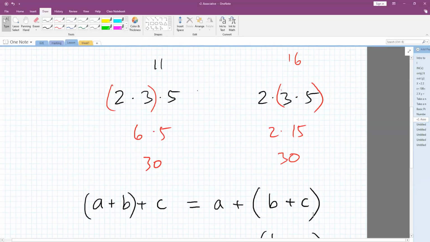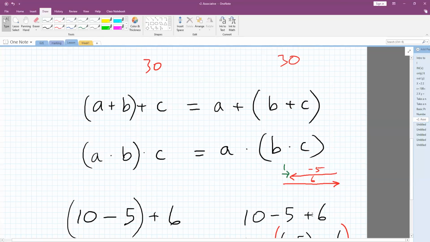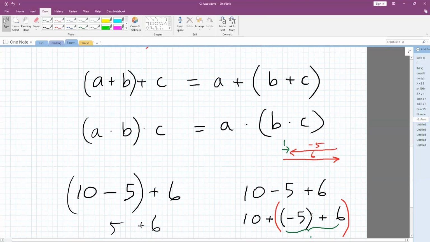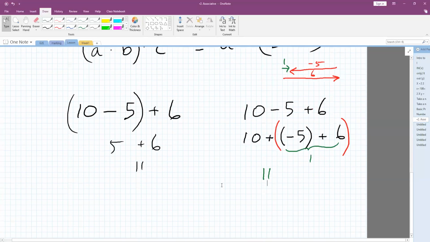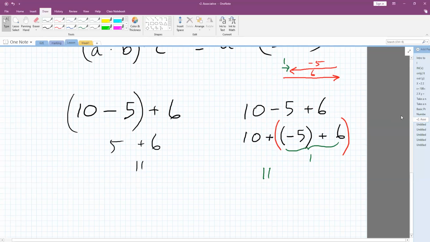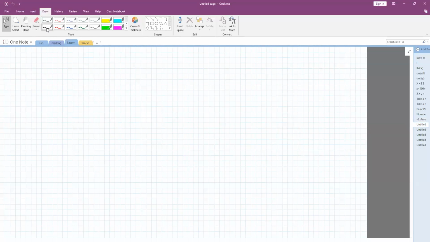Now, if you have multiplication with division, you can have this associative property, so you can still move the bracket. For example, let me give you an example. Say I have 10 divided by 2 and then multiplied by 3.